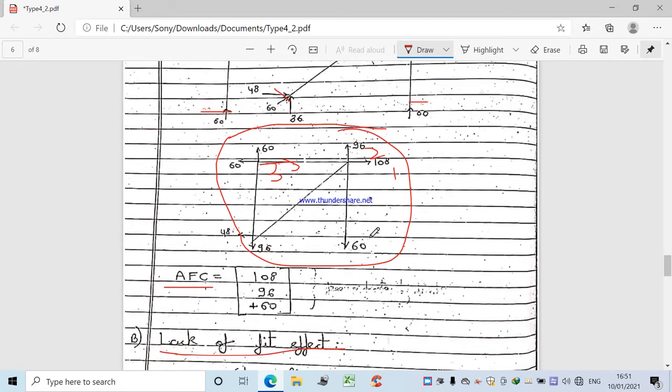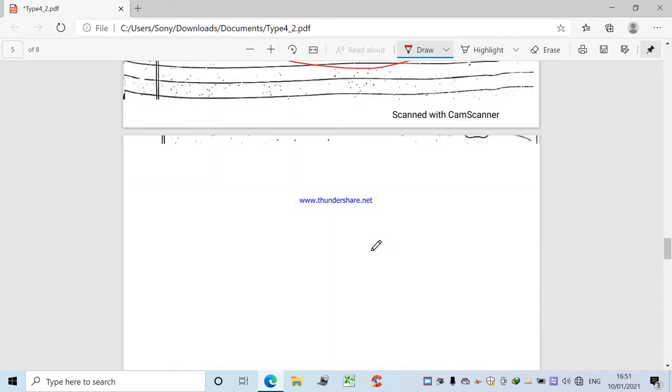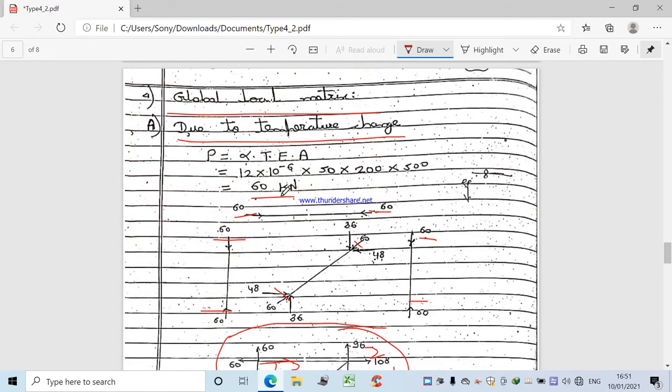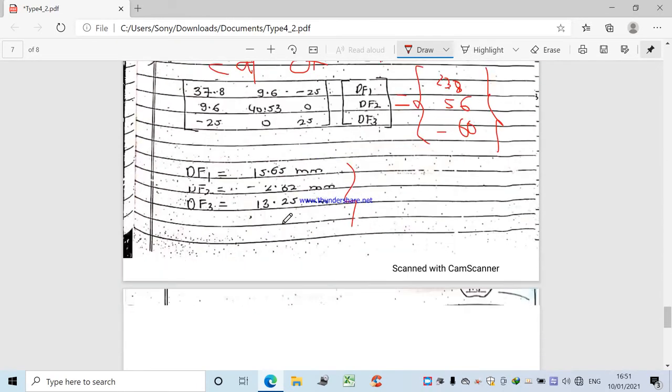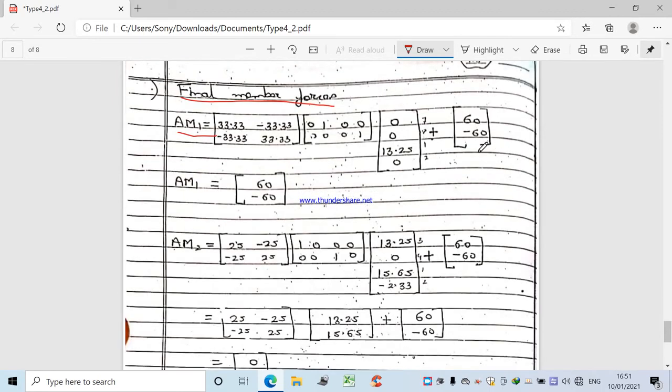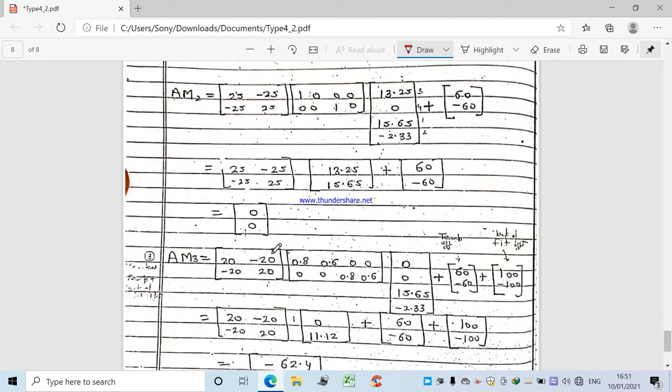This 60 and minus 60 we have to consider, and this consideration becomes the temperature effect. The temperature effect value we have to consider for this case. Then AM2 again we have to consider here, and then AM3. Why for AM3 do we have to consider both the temperature effect as well as the lack of fit effect?